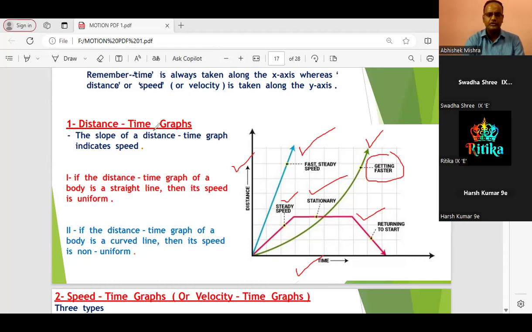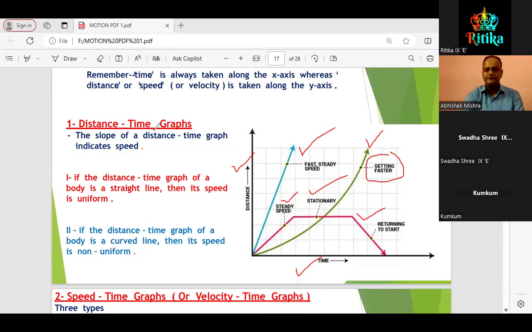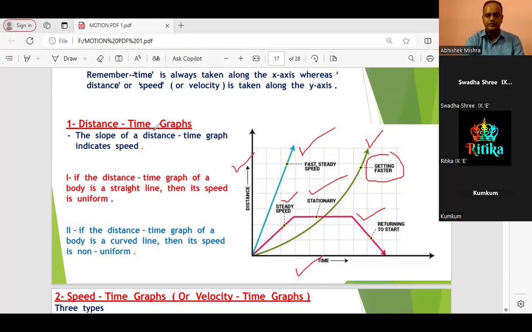Did you get disconnected? No, you are still there. Speak up. Okay, no problem. Ritika, please elaborate on the graph on your screen. The different conditions, for example this blue line, then this pink, green, what do they indicate?